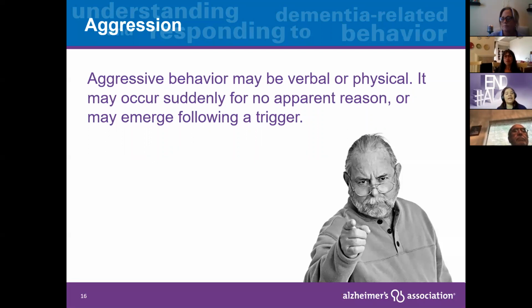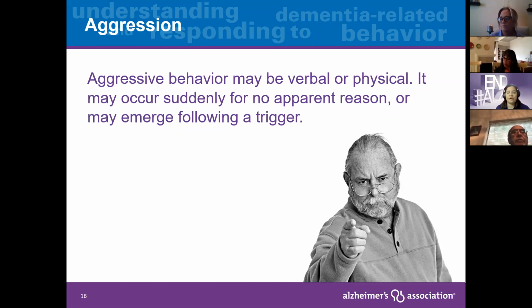So what I want to say is, aggressive behavior, either verbal or physical, can be very real for a caregiver. And I know that I have daughters and siblings and family members here, and so when it comes to aggressive behaviors, you have to safeguard the caregiver.